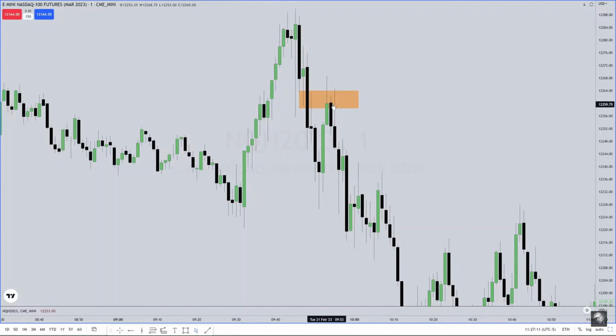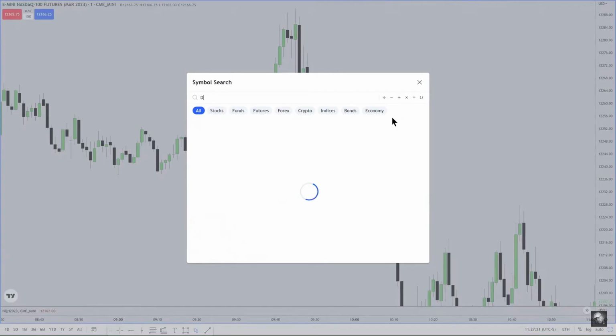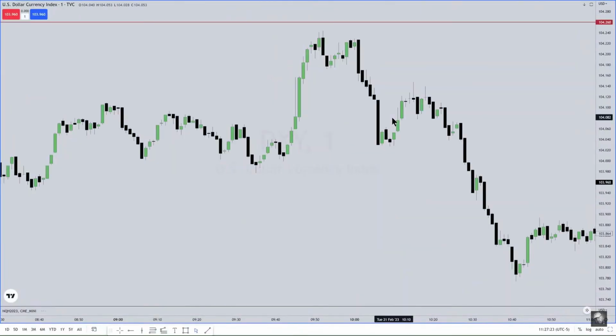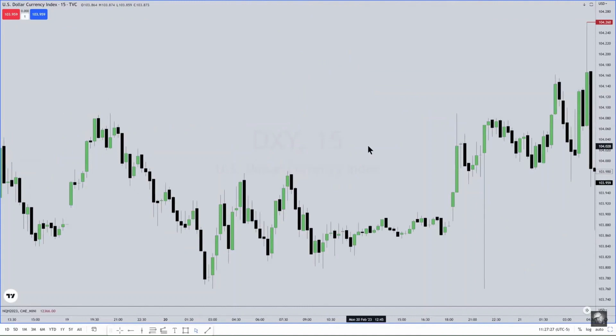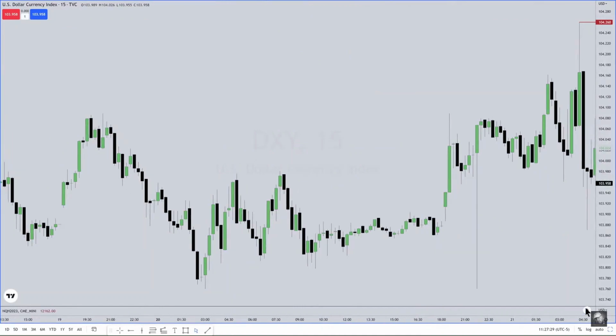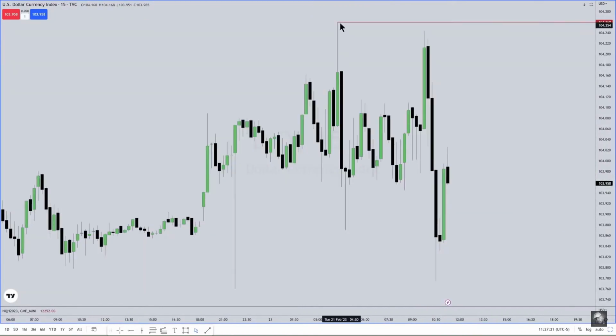The equivalent of this not reaching the midpoint and indicating to us as traders that it's decidedly weak is indicated in the same way we looked at with the dollar index. Think of that level as the midpoint of the implied fair value gap that I was just showing you in NASDAQ.